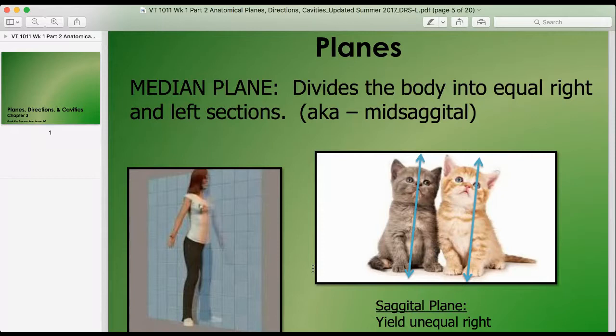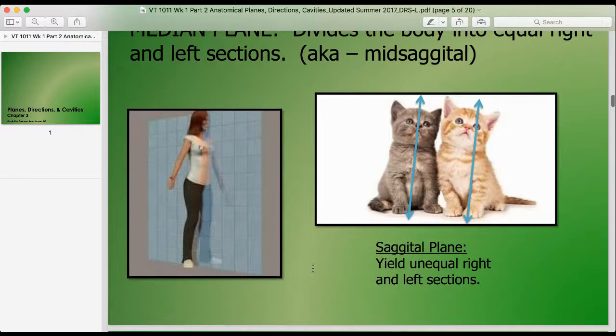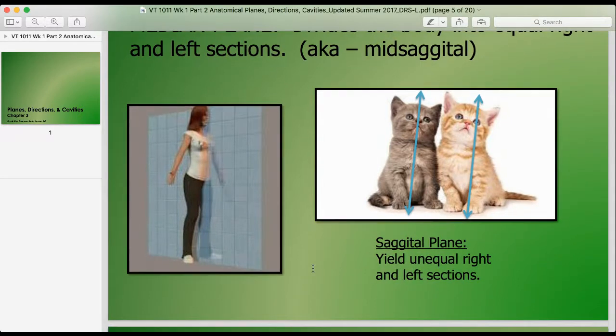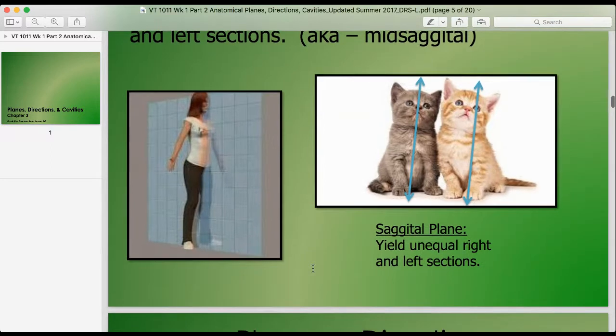It is a little hard in the online environment to make sure that your tongue is getting the whole word out, but practice it on your own as you are watching this, mid-sagittal. So that median plane, again, divides the body into equal right and left. Equal is the thing. So you can see it here with the picture of the kittens. And remember, you may see some of these pictures on a quiz and be asked what plane is being represented.